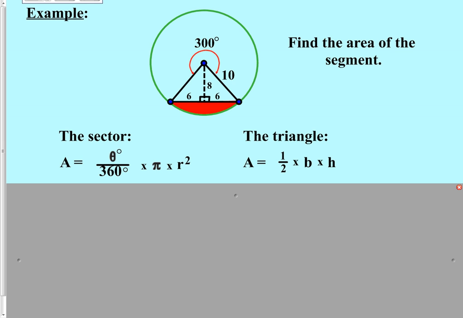Sector, theta out of 360 times pi r squared. Triangle, 1/2 times base times height. And again, if you have not memorized the formula for triangle, get over it. Get it memorized. You've been working with it for too many years now to not know it yet. Okay, so we're going to find the results of these two formulas, and we're going to subtract them, because clearly we do not have the entire sector.